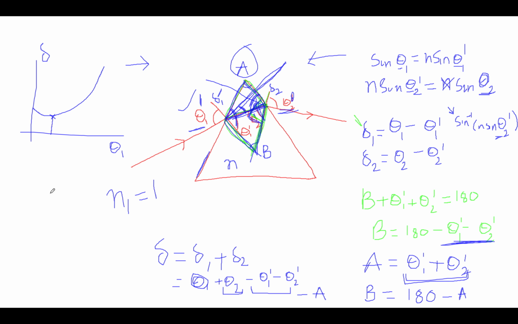The nice thing with this angle of minimum deviation is that at the angle of minimum deviation, your ray is flat inside the prism. So if I have a prism and a ray of light going in here, at the angle of minimum deviation, the ray inside the prism is flat.